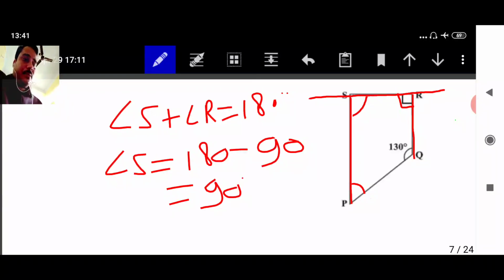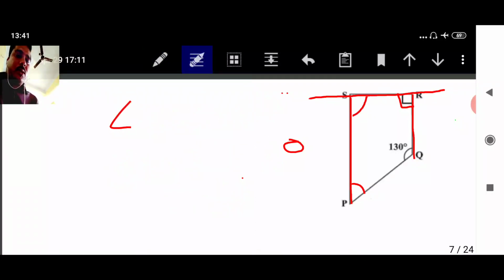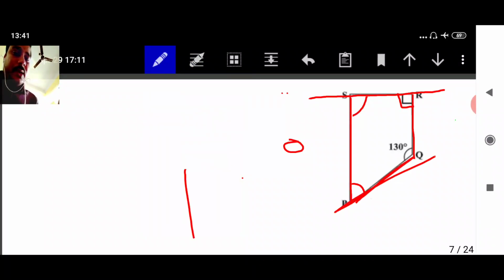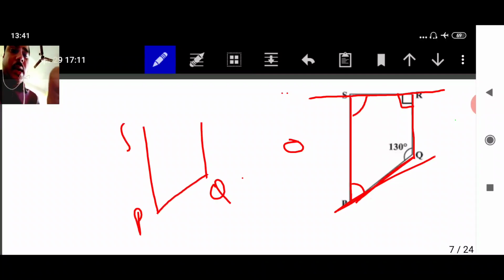Now angle P, here this side PQ is a transversal. If we take it as this, and this is P and this is Q, S and R, we know that this angle is 130 degree.